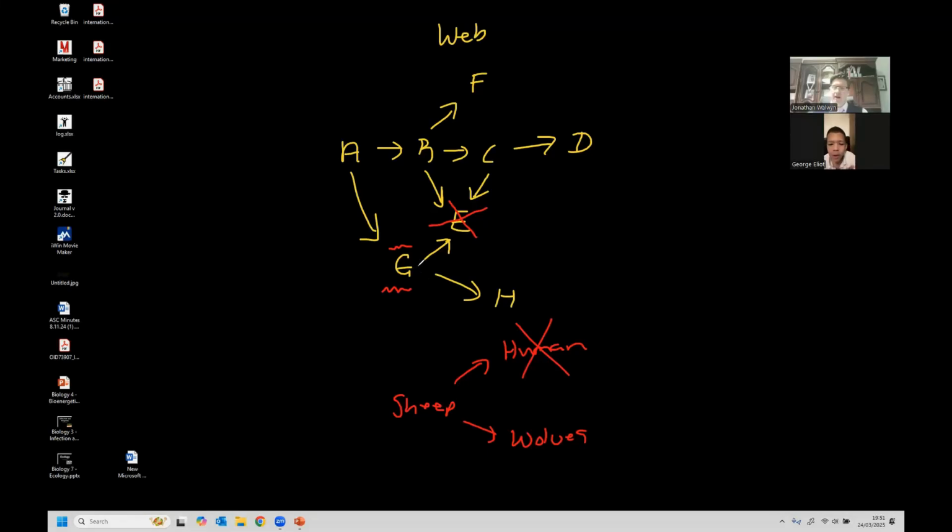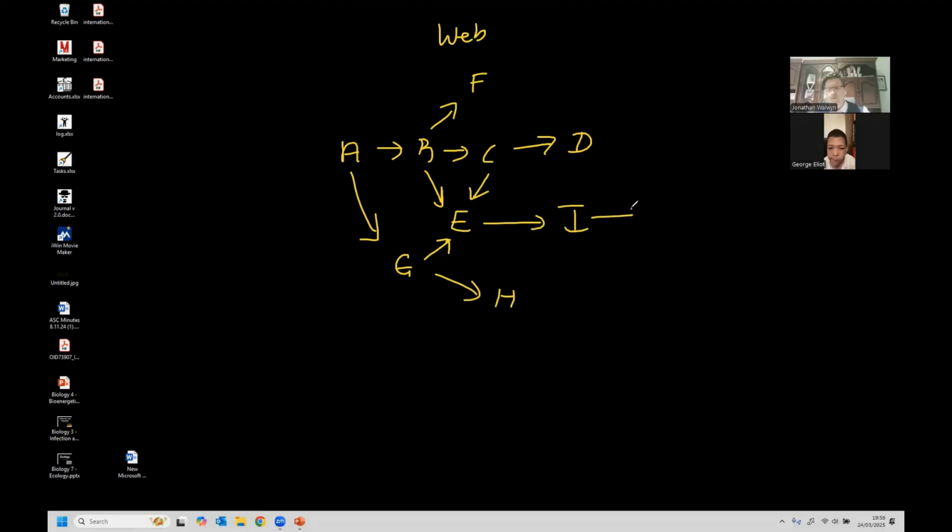How about the wolf situation? Well, the wolves are irrelevant. We're not worried about the wolves situation, but you get the idea with the sheep and the humans, yeah? I'm going to make this a bit more complicated. Now, in this food web, what's happening is D has died, yeah?